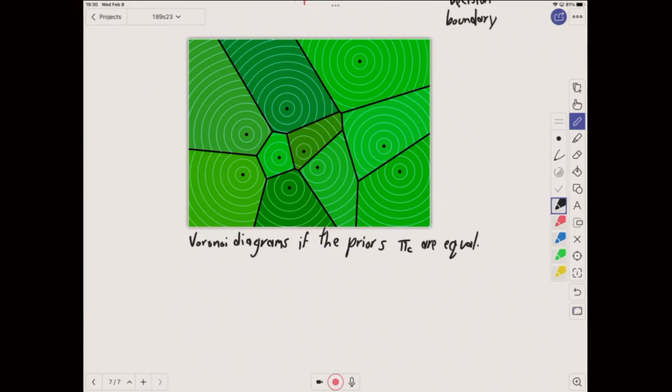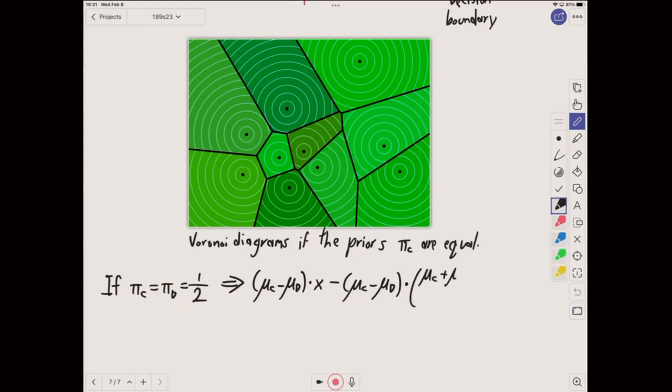There's one more thing I want to point out about LDA now, which is if you have two classes and they both have the same prior probability, which means they both have to be 1/2, 50% chance any random sample point is in class C, 50% chance that any random sample point is in class D, then let's plug that into our decision function, and what we get is that the decision boundary is now (mu C minus mu D) dot x minus (mu C minus mu D) dot (mu C plus mu D)/2, all equal to 0.